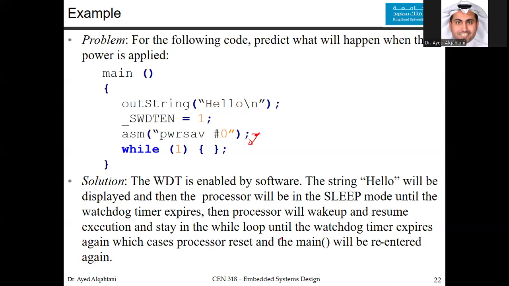Now it will stay there until the watchdog timer expires again for the second time. And at this point, it will cause a reset, and you will re-enter the main again. So in short, the watchdog timer will do its first job here, which is the wake up. And then after it expires again inside the while, it will reset.